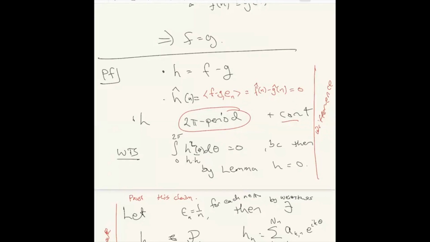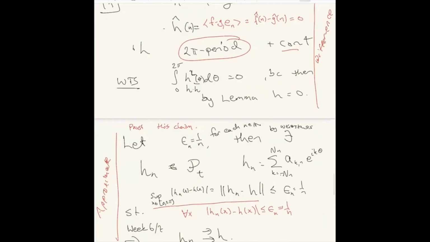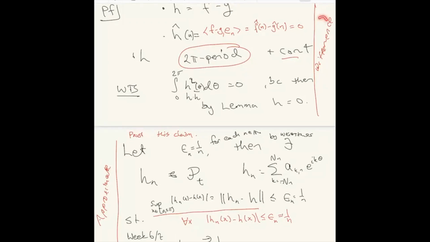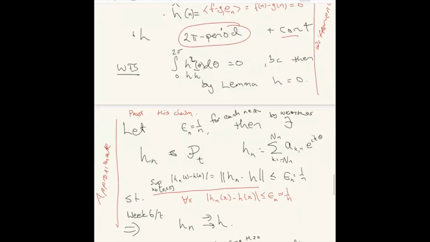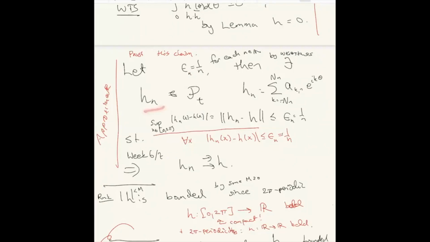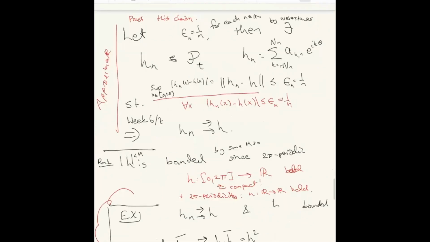Now, it takes a while to fully appreciate this proof. I will just highlight the steps. You look at the difference f minus g, and you want to argue that it's equal to 0. The idea is to look at its square integral, but to approximate it by first taking a sequence of hn converging to h.